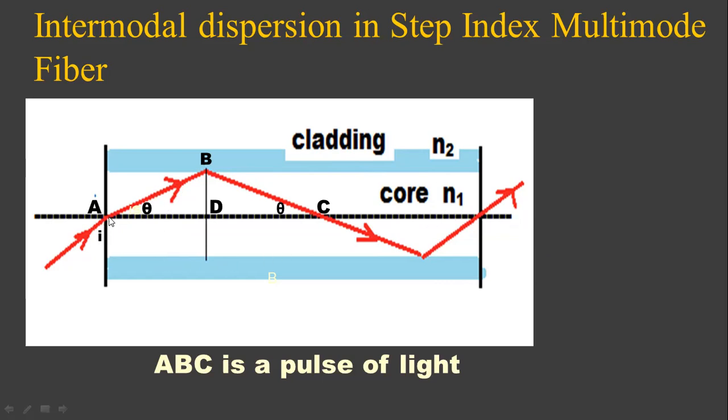This ray, when it enters the optical fiber, makes an angle theta with respect to the axis of this optical fiber. And this ABC represents a pulse of light or signal inside the optical fiber.